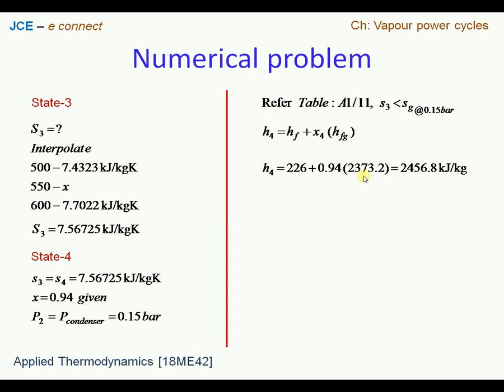We substitute all those data into this equation, and then we find out H4 as 2456.8 kilojoule per kg. Now with this we are done with finding the enthalpy at state point 4.